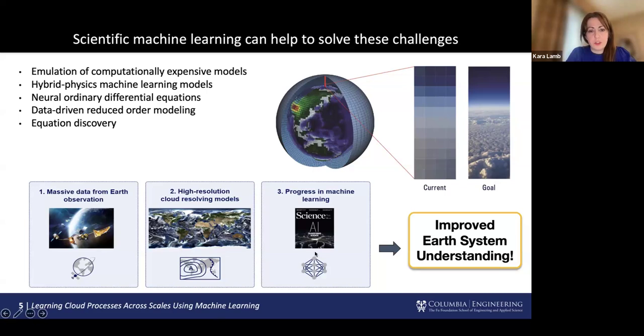And then, of course, there's been this huge explosion in the application of machine learning to the physical sciences, not just in the atmospheric and climate sciences, but also in physics and biology. And so this is really accelerating the development of these types of algorithms and the identification of specific problems that they can be applied to. So all of these together means that we can really improve our system understanding using these types of methods.